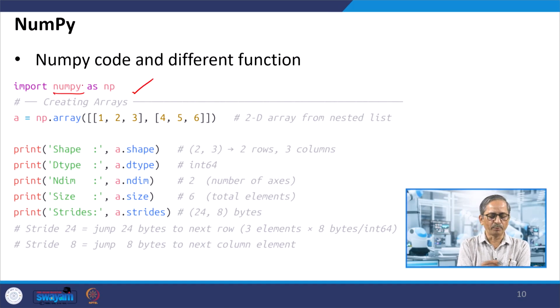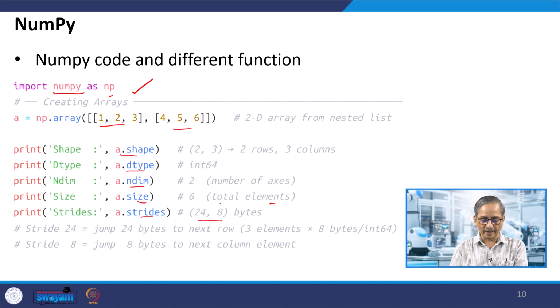So here is just an example of NumPy code for the different functions. We import NumPy as np and we create arrays. This way a 2D array can be created from a nested list. Then a.shape gives you the number of rows and number of columns, a.dtype gives you the data type, and a.ndim gives you the number of axes. A.size gives the total elements, and a.strides gives you how many byte jumps are needed.